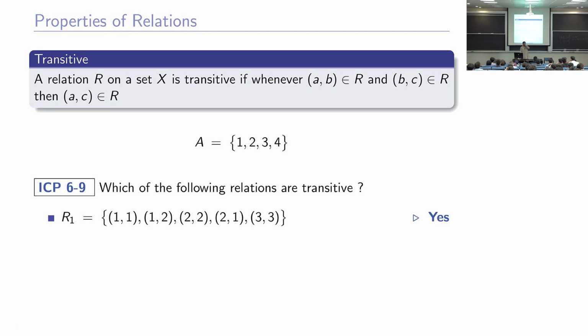It is transitive. Why? Because there are 2 pairs like 1, 1 and 1, 2. You have to check all pairs, by the way. 1, 1 is there, 1, 2 is there, then 1, 2 should be there.